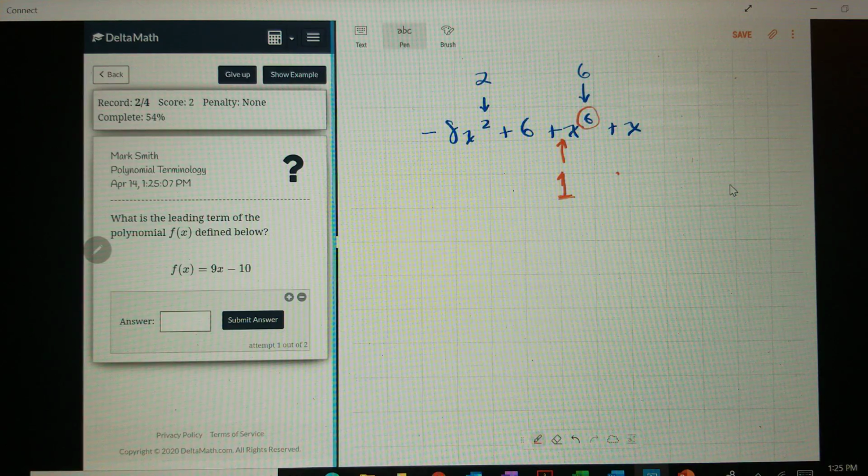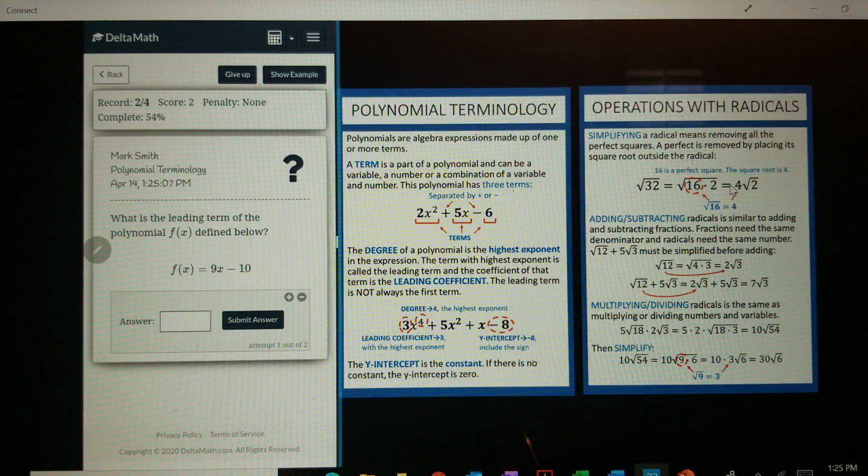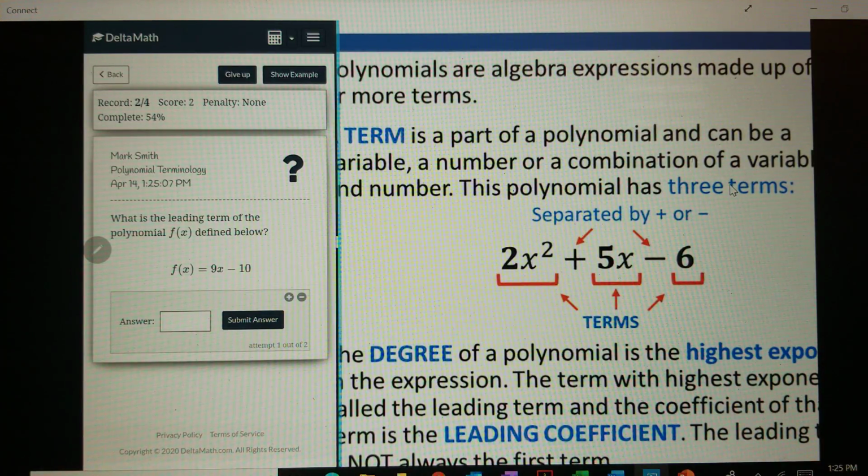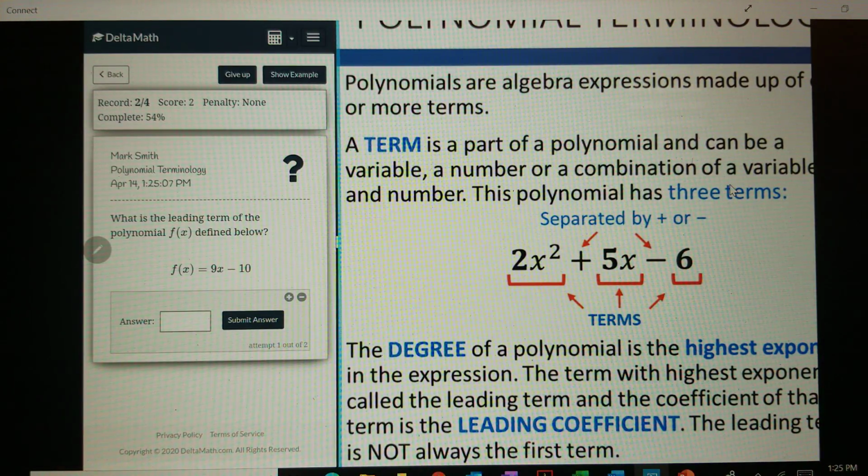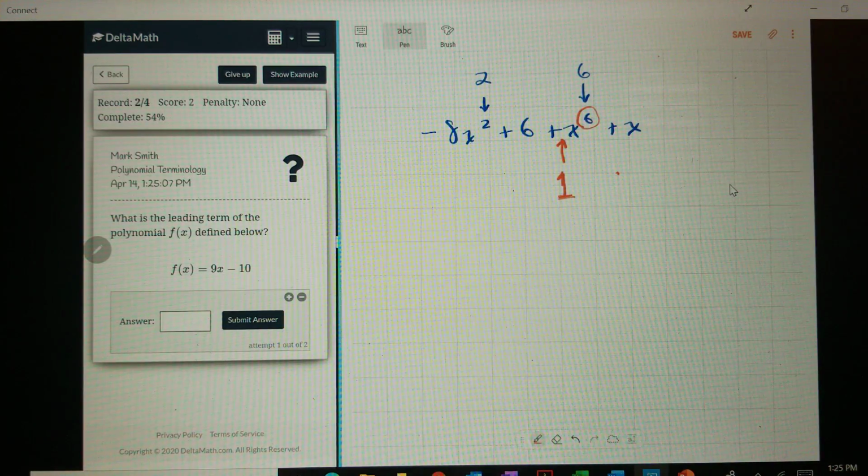What is the leading term? Okay, so the leading term. We said back here that terms were things separated by pluses and minuses. Here we have a negative sign, so that gives us 2 terms in that case. This one is 9x minus 10. So there are 2 terms in this case.